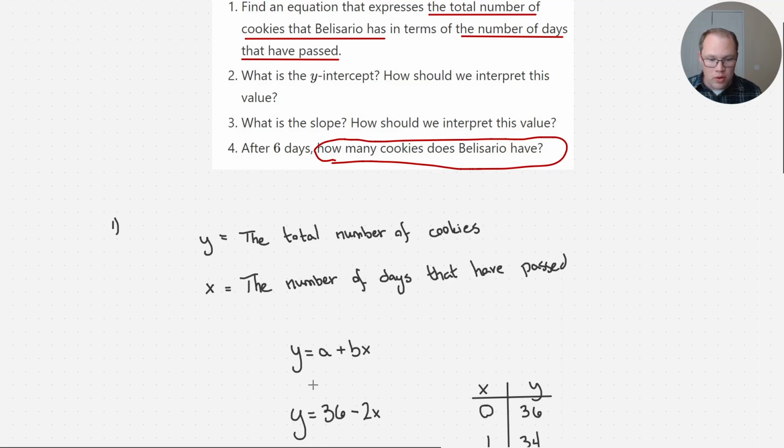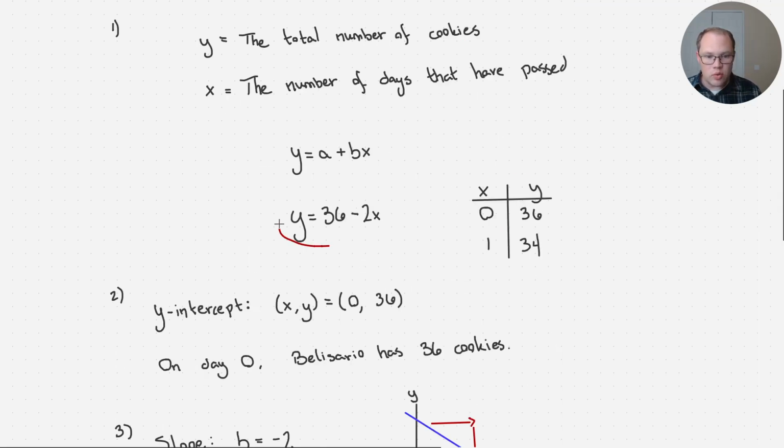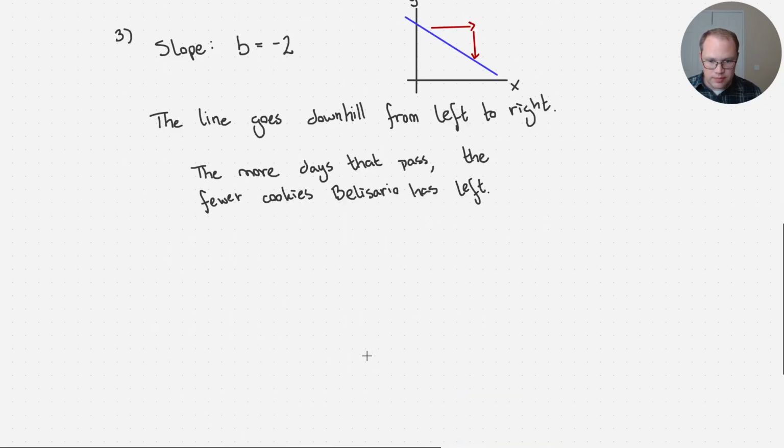We know how x and y is related. So I'm going to use this relationship to plug in when, after 6 days have passed, how many cookies do we have left? Okay? So I'm going to take my equation, which is y equals 36 minus 2x, and I'm going to plug in x equals 6, since that's how many days have passed.